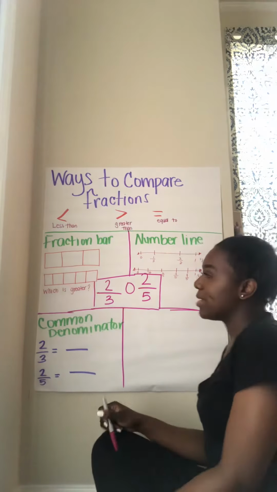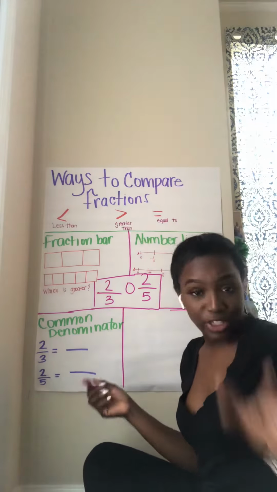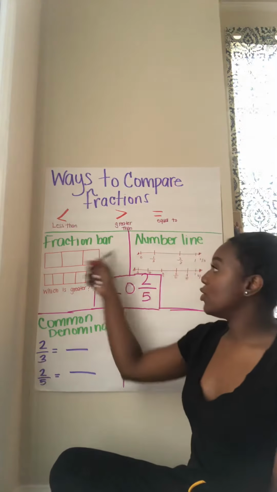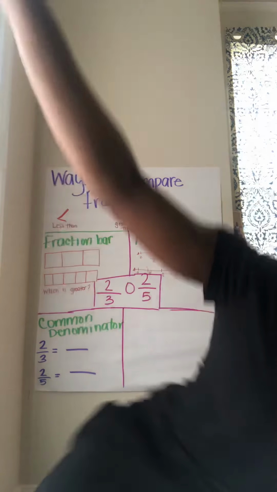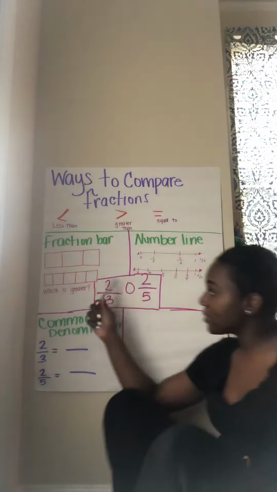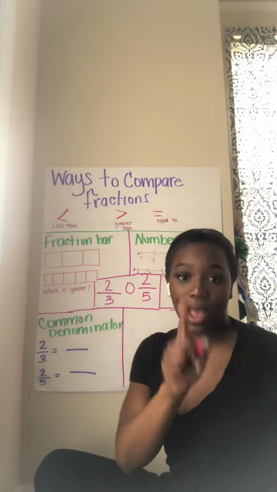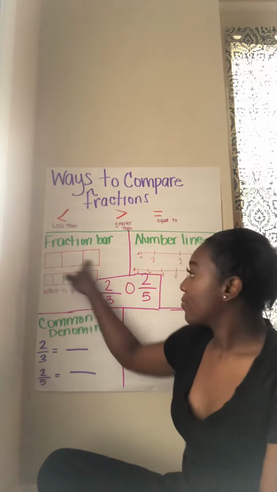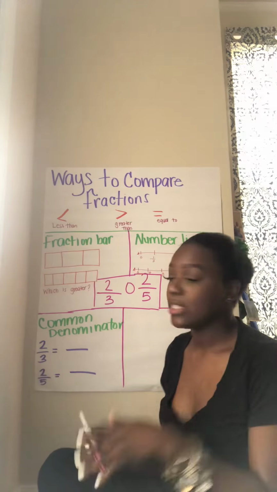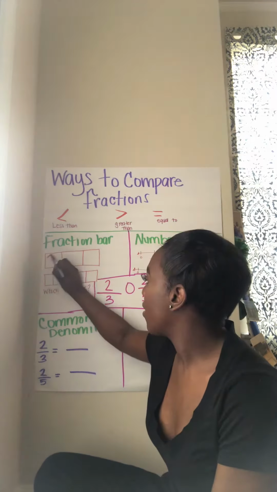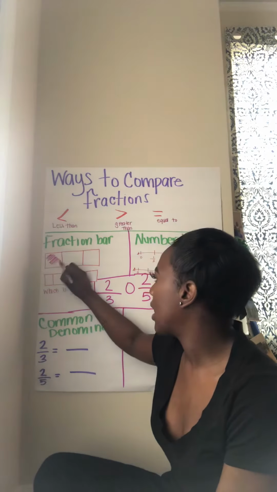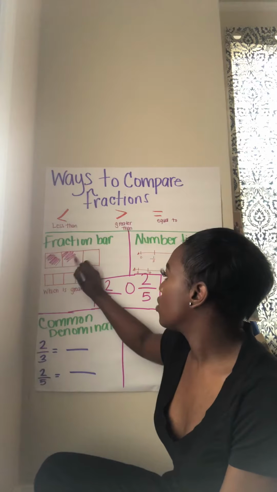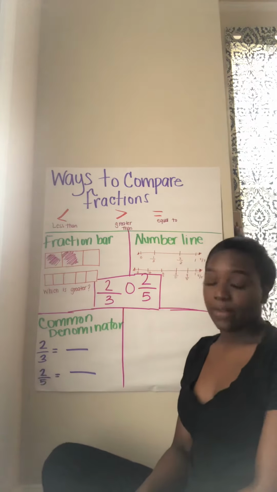Alright, the first way to find out which fraction is bigger than the other is to use a fraction bar. So like I said, I am using the fractions 2/3 and 2/5. I drew out a fraction bar for 2/3. I broke my fraction up into 3 pieces, and I'm going to shade in 2 pieces out of the 3.